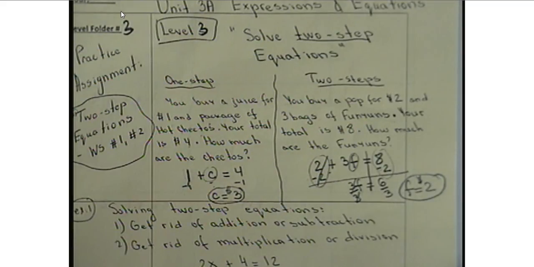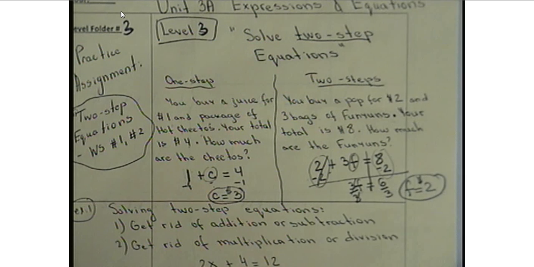If you think about it, you go somewhere to buy a pop for $2 and 3 bags of Funyuns, you don't think, oh, that's my equation, well then how much are the Funyuns going to be? You just think about money. So it's a big part of our everyday lifestyle. So equations are a huge thing in 7th and 8th grade, solving equations.